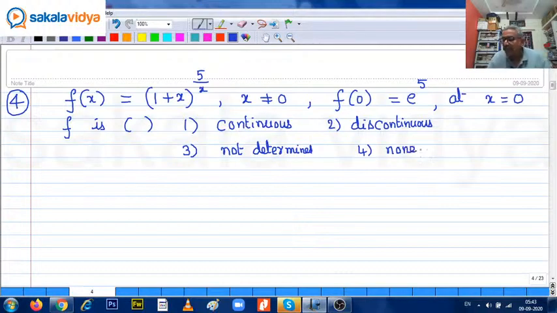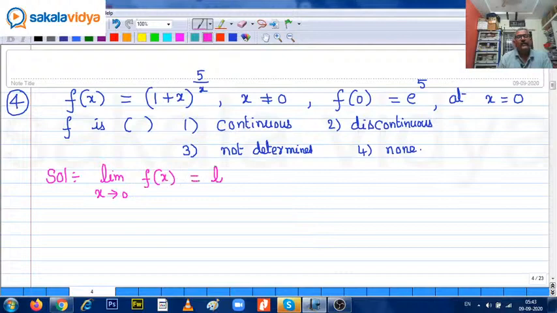Okay, now in this chapter also all the formulae related to the limits will be revised. So simultaneously the limits will be revised as well as this concept. See now the solution. Limit as x tends to 0 of f(x) equals limit as x tends to 0 of (1 plus x) whole to the power of 5 upon x.